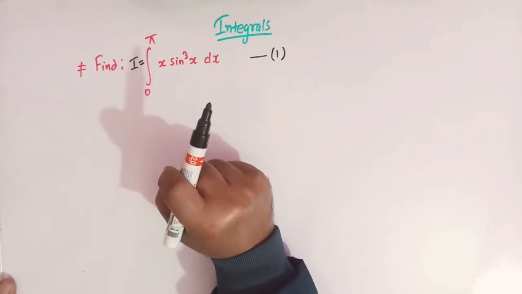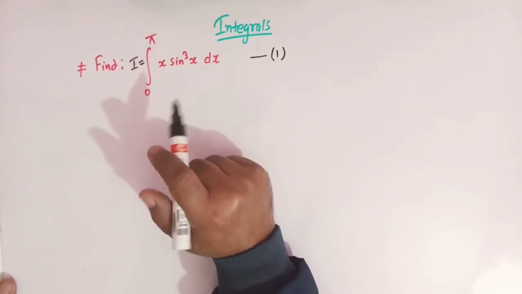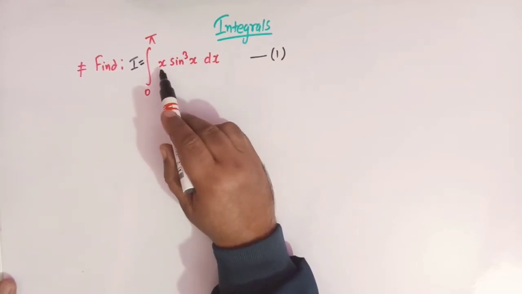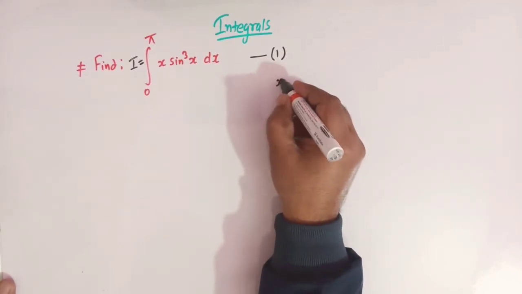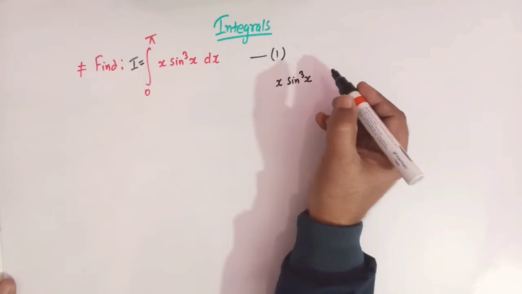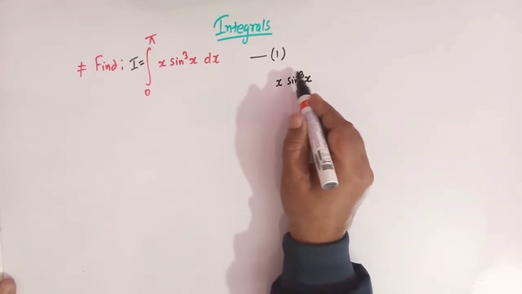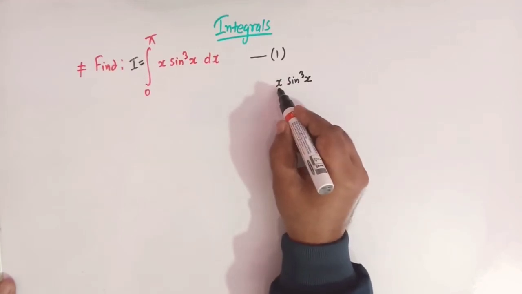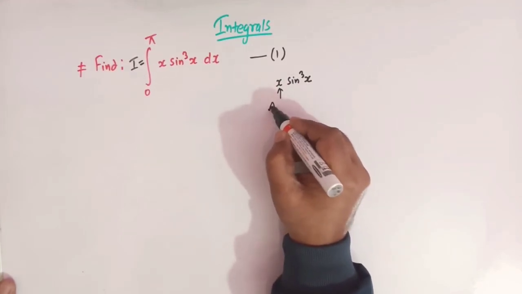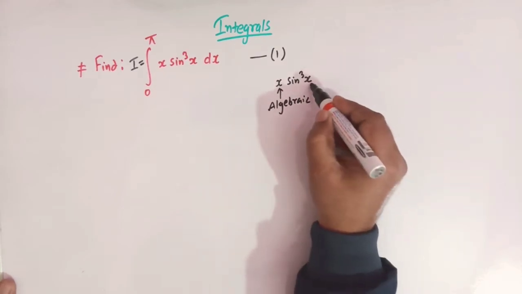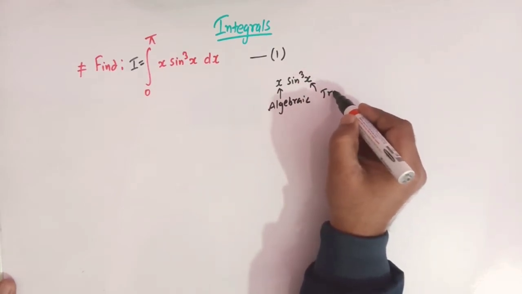Before solving this integral, let us take a close look at this integrand, x sine cube x. At first glance we see that this is the product of two functions. x is the algebraic function, and the second is the trigonometric function.